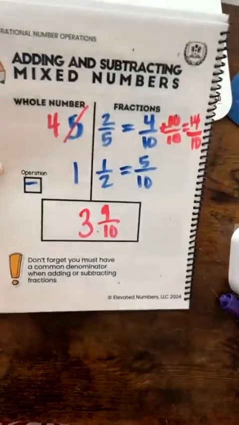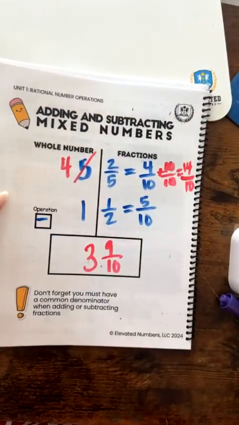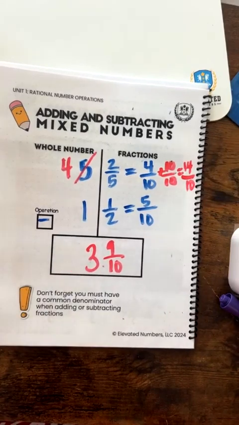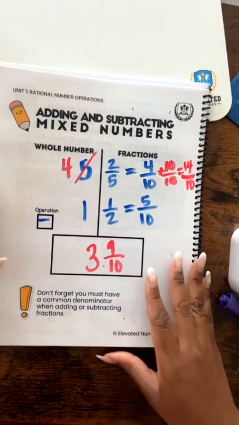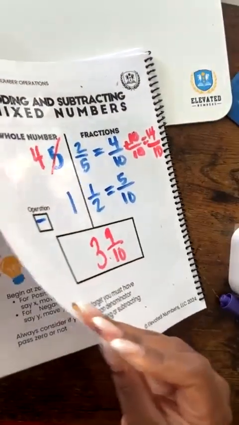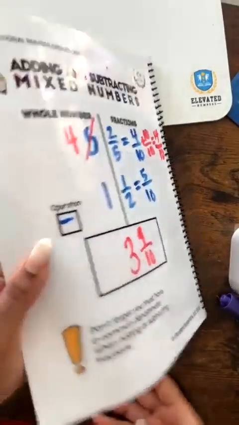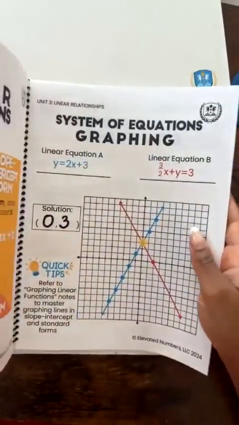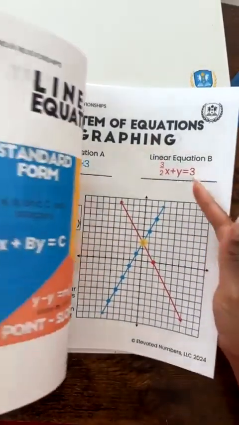Borrowing from that whole is a huge skill that is going to help them continue to understand what they're doing when they're adding and subtracting decimals. But yeah, this is our pre-algebra math toolkit. So again, this is a skill that 7th graders have to do. And this resource is filled with more rules and examples.